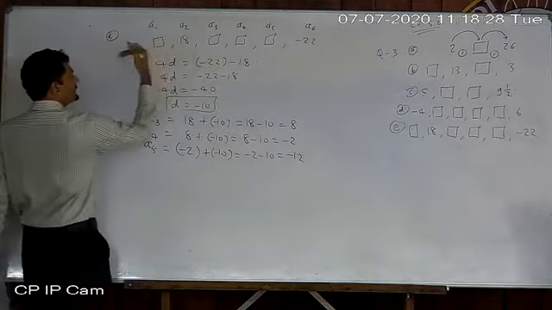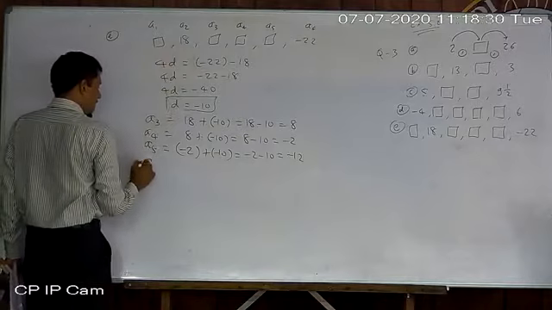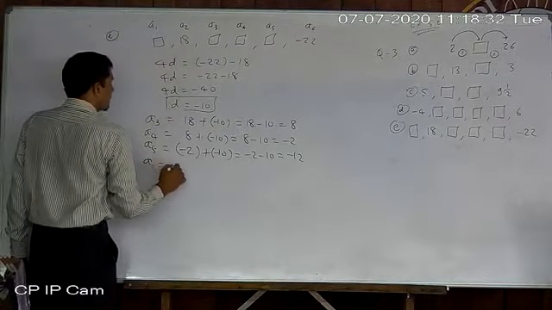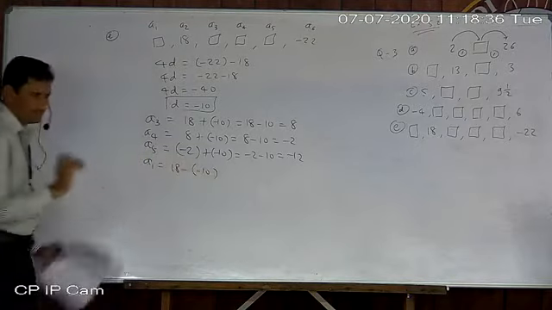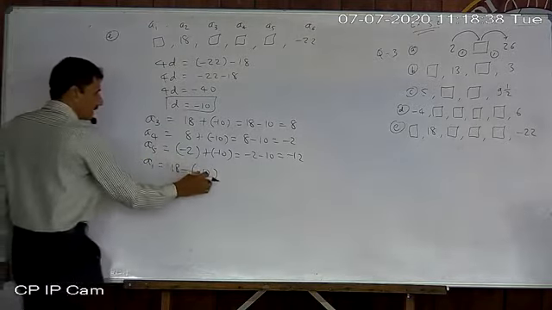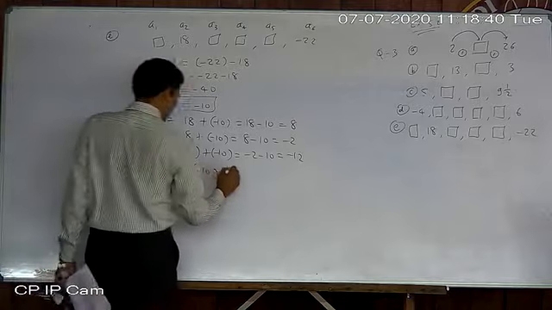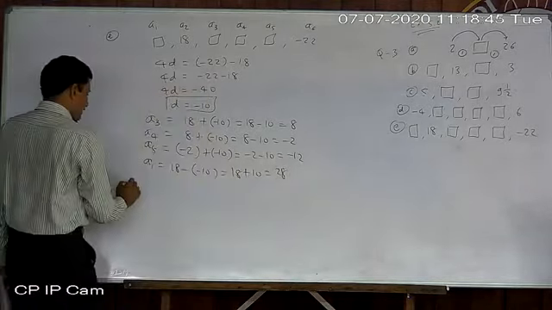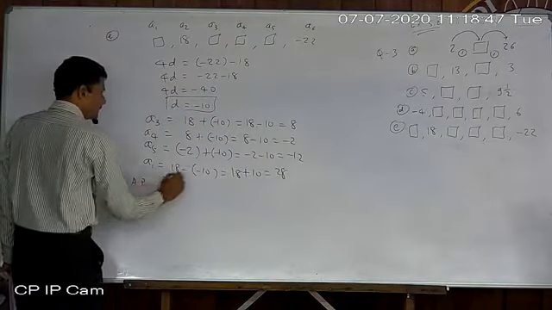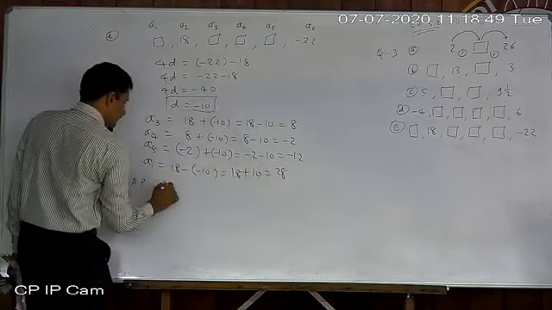Now we go in the left direction, so start from 18. So A1, 18 minus D. 18 minus D, whatever the sign, plus or minus, keep it in brackets only. So 18 minus D, so 18 plus 10, 28. Now write down the AP. So first of all 28, we counted it last.